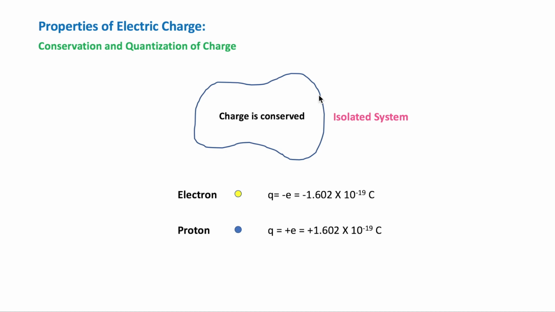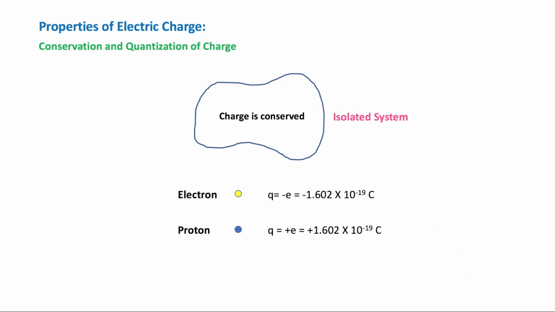In the same way, when a rubber rod is rubbed with fur, electrons are transferred from the fur to the rubber, and so the rubber gains a negative charge while the fur is left with a positive charge. And a neutral object contains an equal number of electrons and protons, and so the net charge of a neutral object is equal to 0.